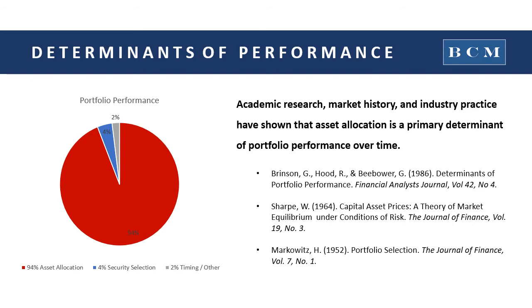But the takeaway is that asset allocation, based in part on the principles of MPT, has really become the foundation for modern day professional portfolio management. And it wasn't done by chance, right? It happened through decades of academic research and industry practice that said it works.